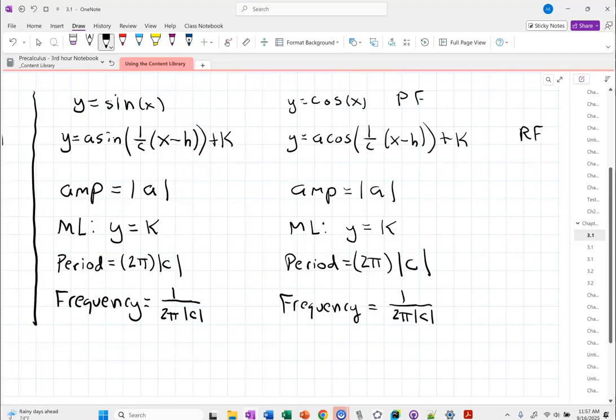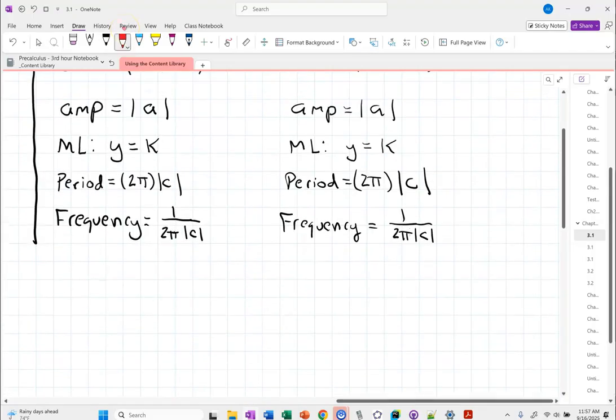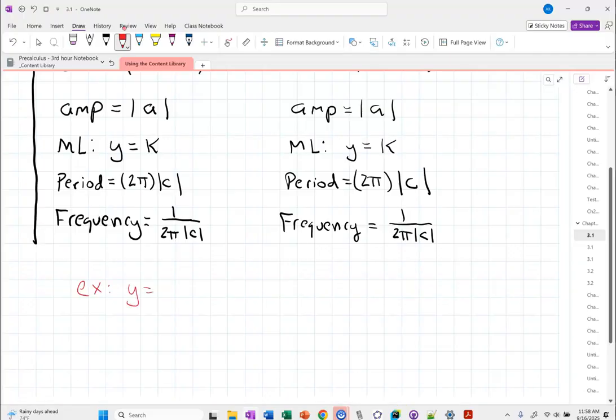So let's do a couple of examples, just using this information that we have right here. Sound good? All right. So I'm going to write down a function. Let's pick a different number. Let's do that.